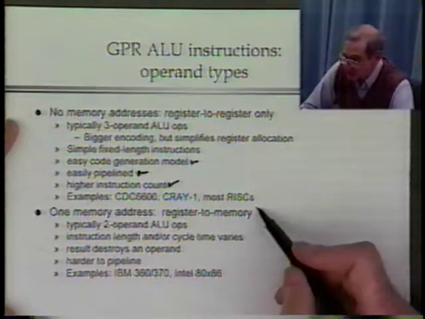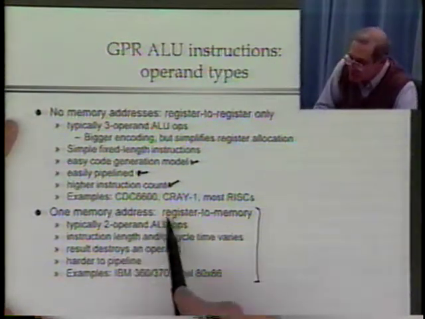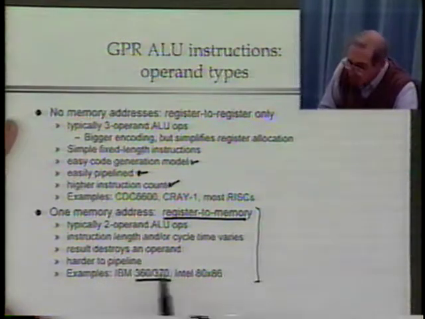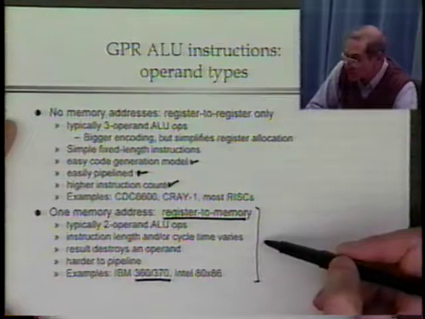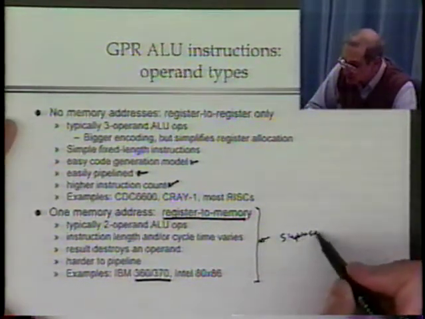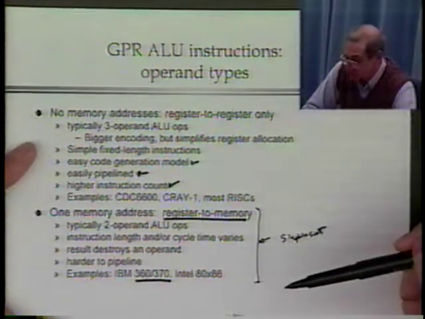The alternative is to have, or at least allow, a single memory address in the instruction. It's typically the case that these kind of register-to-memory machines, like the IBM 360, also have register-to-register operations. So in many ways, the one-memory address architectures are a superset of the no-memory address architectures.